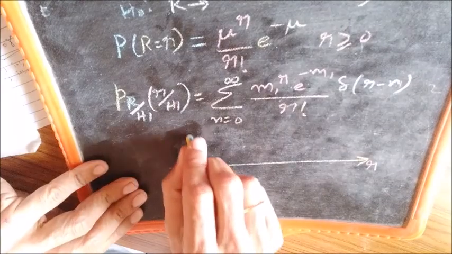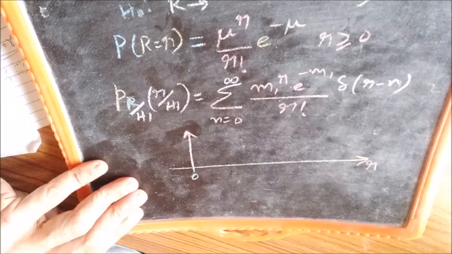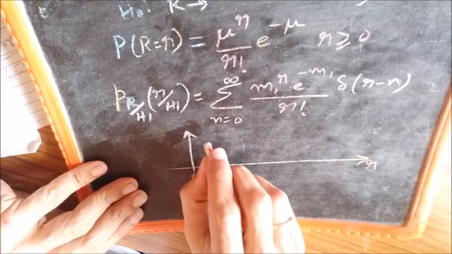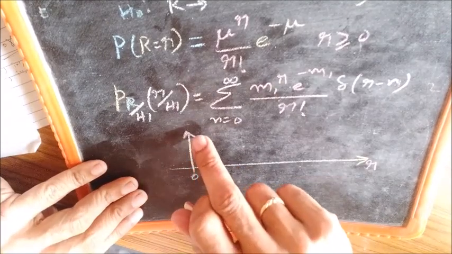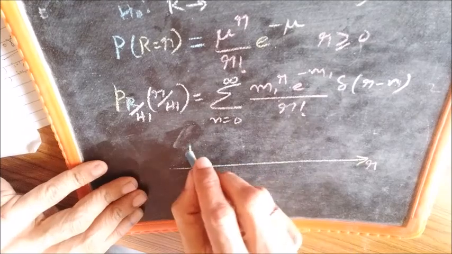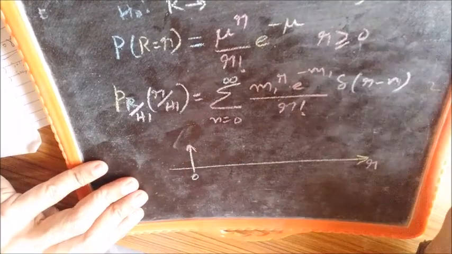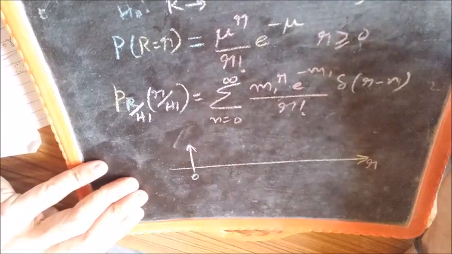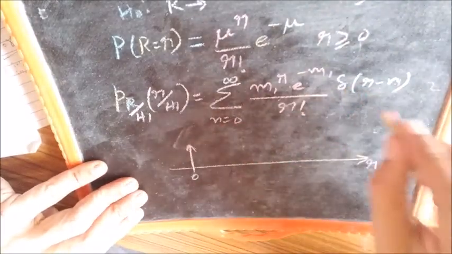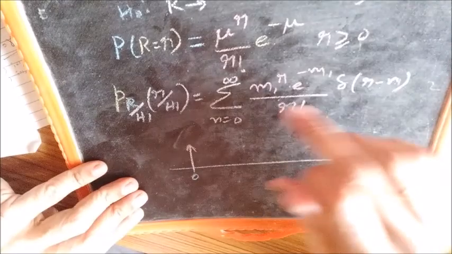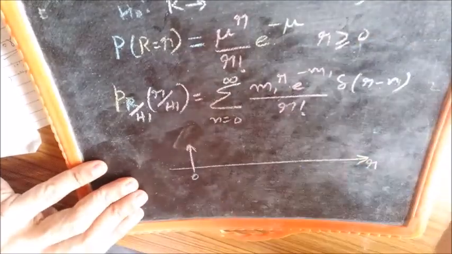So this is the first impulse that you are going to get when you plot the density function which we have here. And you can see that for n = 0 you have delta of R, for n = 1 you will have delta of R minus 1, which is 0 at R = 0.